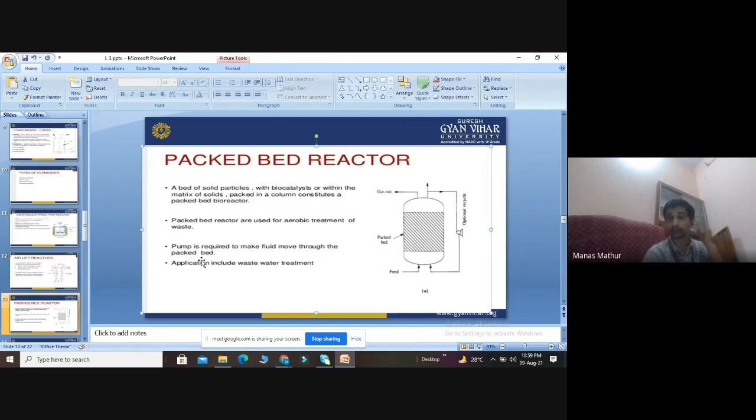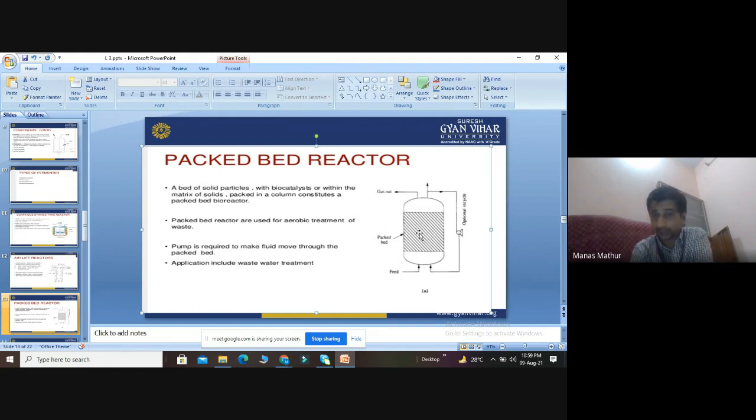Then we discuss the packed bed reactor, the third type. It contains a bed of solid particles. They contain some biocatalyst. These biocatalysts are present within the matrix of solids. So this kind of reactor is totally packed with the solid matrix in a column.